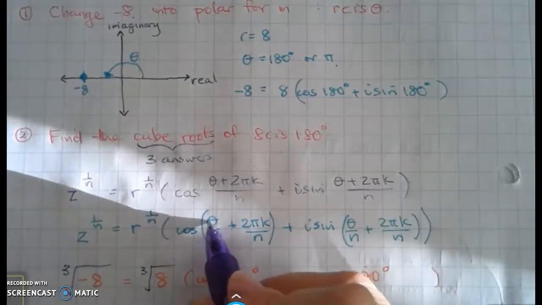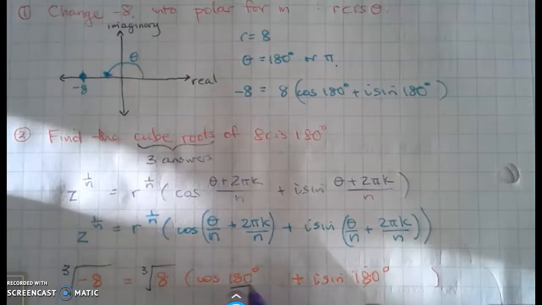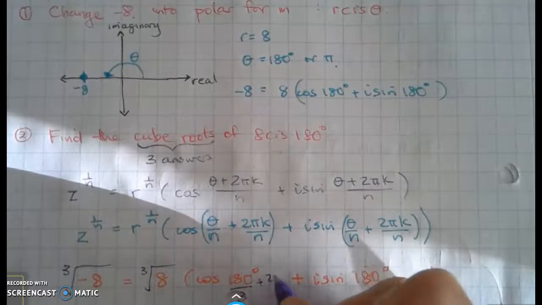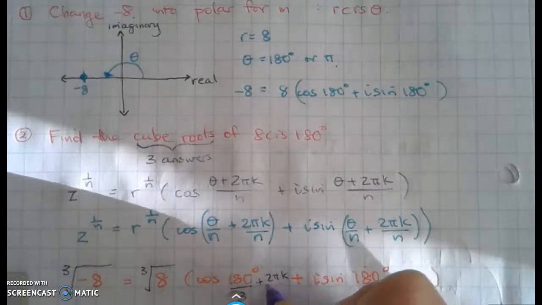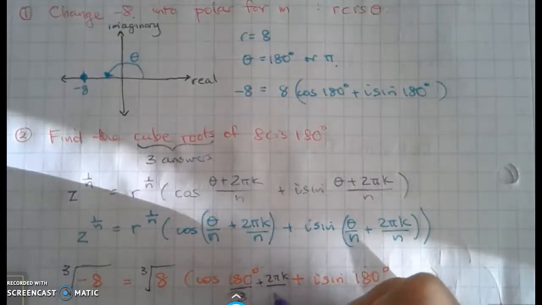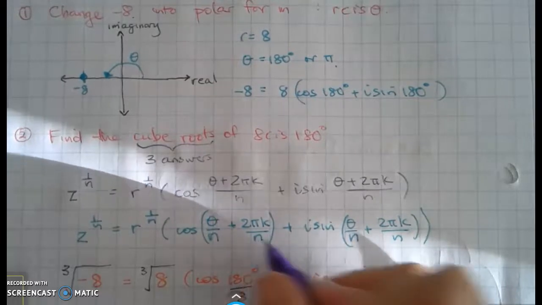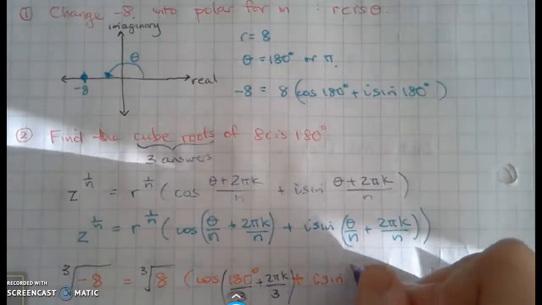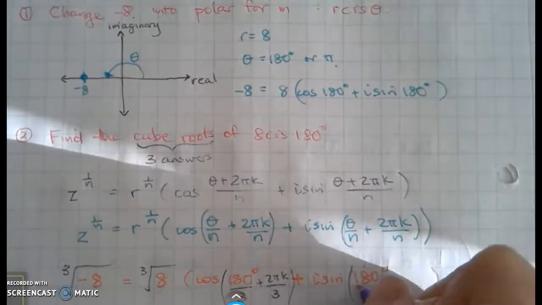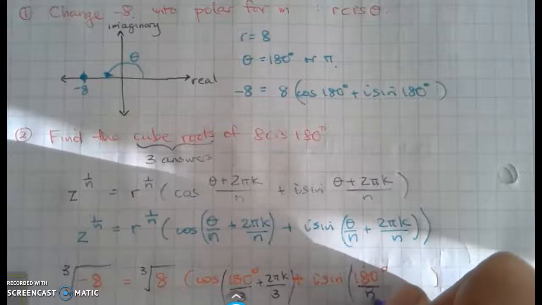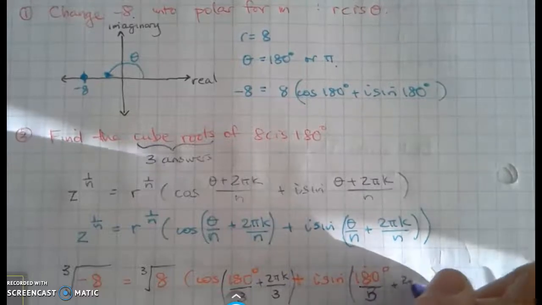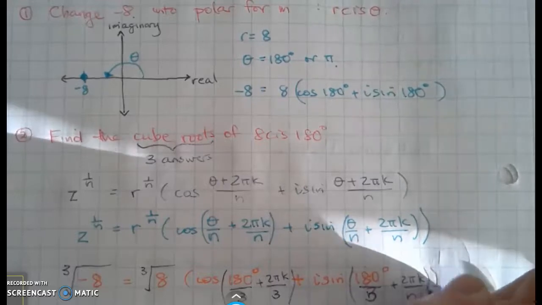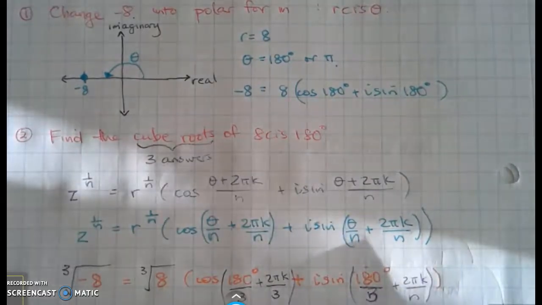And then I need to divide the angle by n, which is 3, plus 2 pi k, where k is an index we are going to be using in a minute, divided by n, which is 3 again. So I'm going to put that in parentheses. And i sine of 180 divided by 3, plus 2 pi k over n. And that's the modified form.